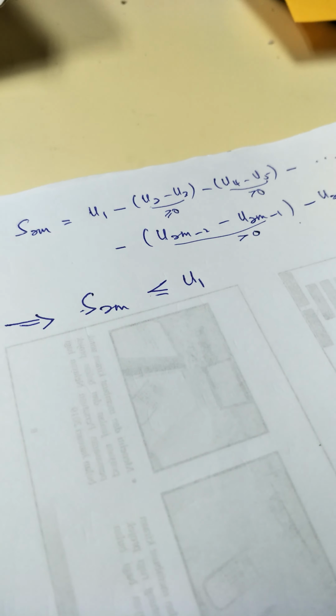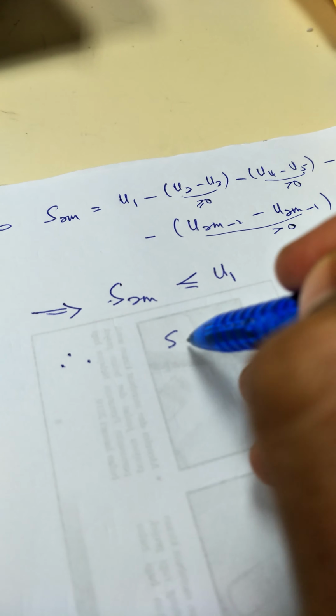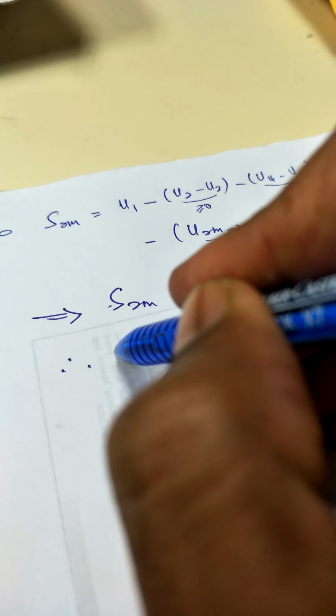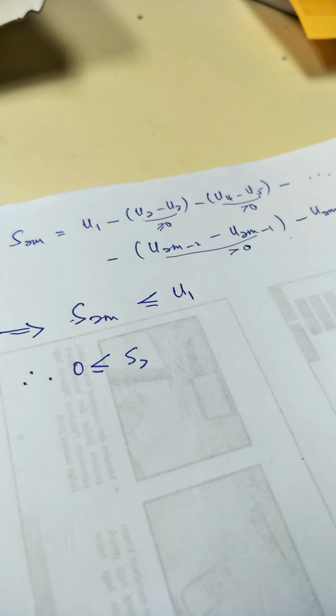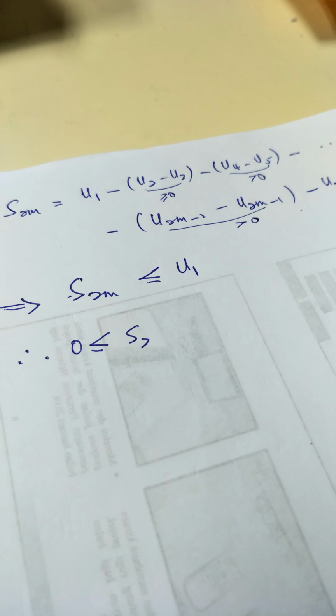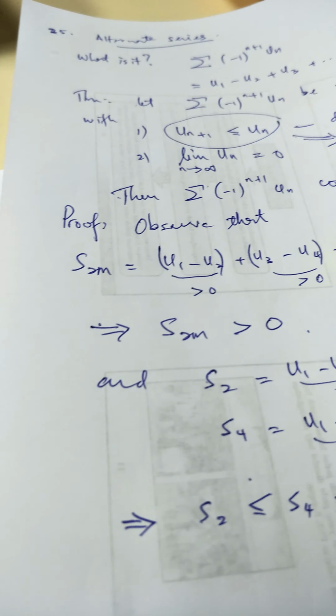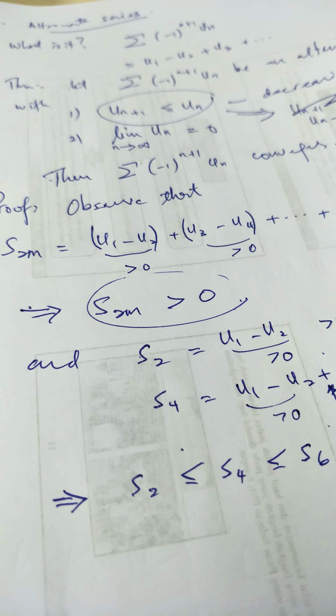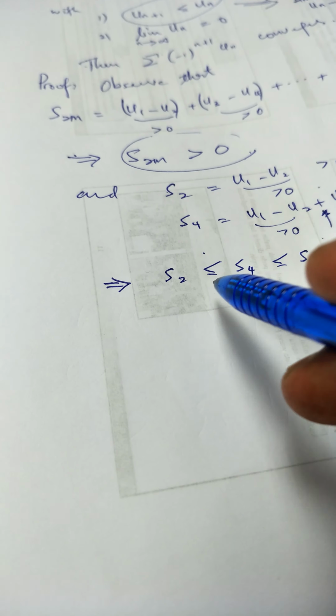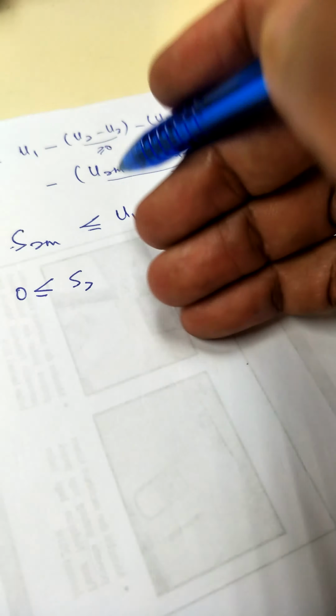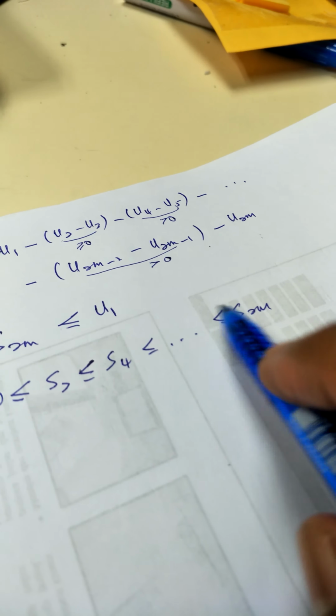So therefore S2 is greater than 0 from the previous part. We have S2m positive, and S2 is less than S4, less than and so on, less than S2m, and this S2m is less than u1.